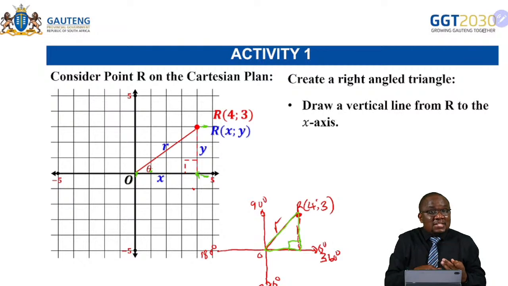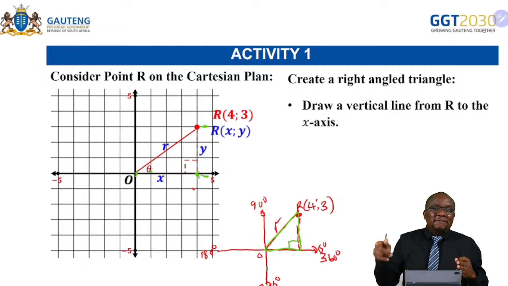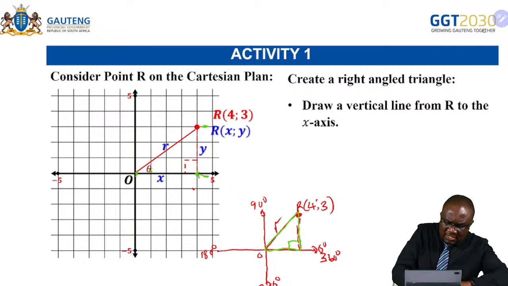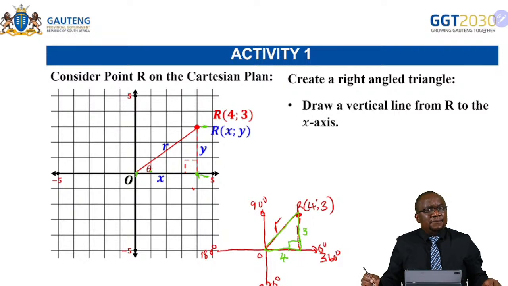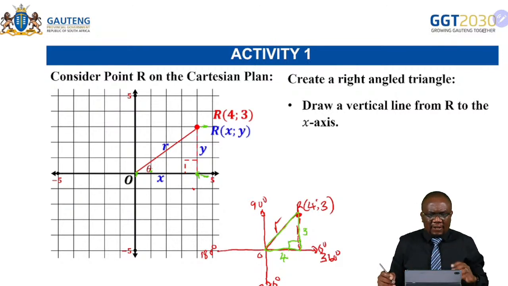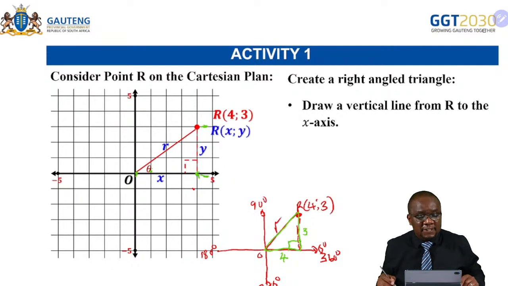We're now using X, Y, or R. And then we can define angles in any of the quadrants. Do you see that? Okay, so this is X. In this case, our X is 4, and then this is 3, which is Y. You see that? Linking this to what we did in the previous lesson, opposite over adjacent, adjacent over hypotenuse, something like that.